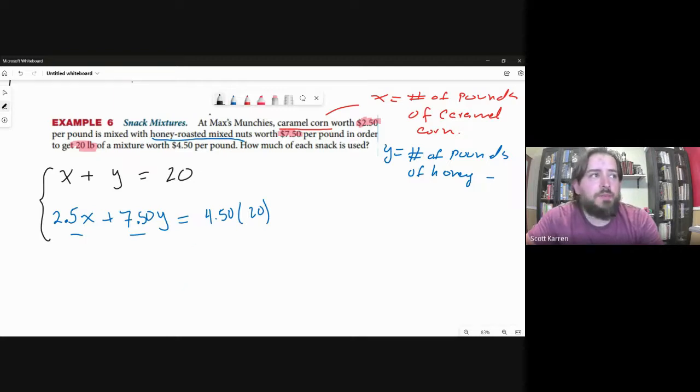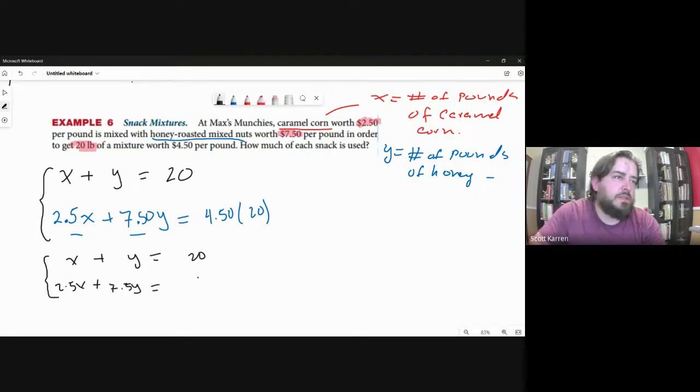So I can clean this up a little bit, but my system becomes this: x plus y equals 20, and 2.5x plus 7.5y equals 90.